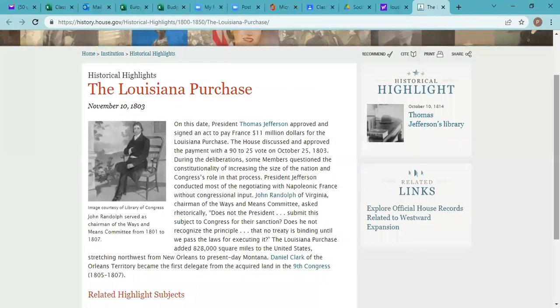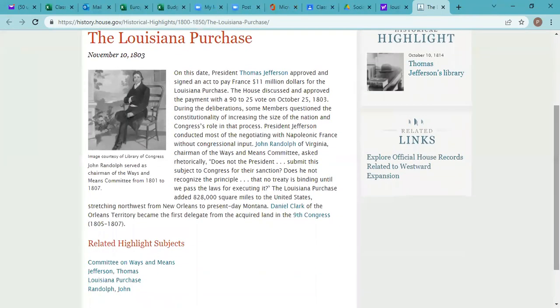It says here that on this date, President Thomas Jefferson approved and signed an act to pay France $11 million for the Louisiana Purchase. The House discussed and approved the payment with a 90-25 vote on October 25th, 1803.